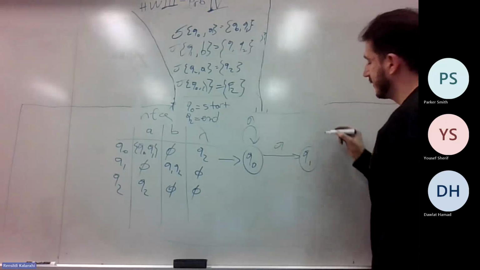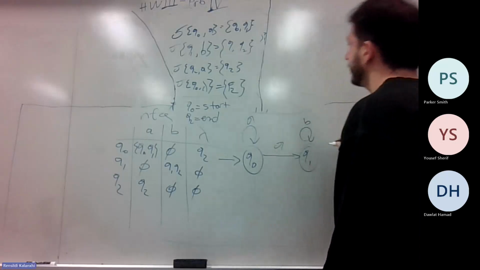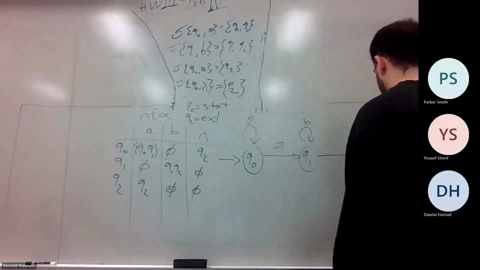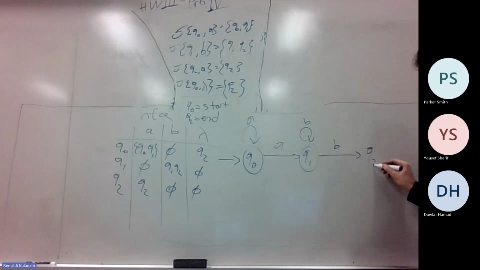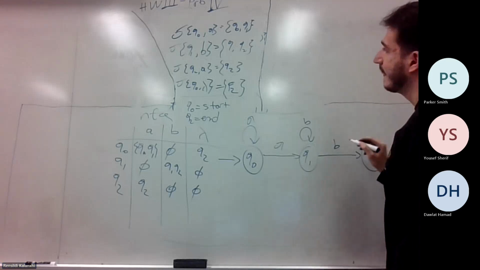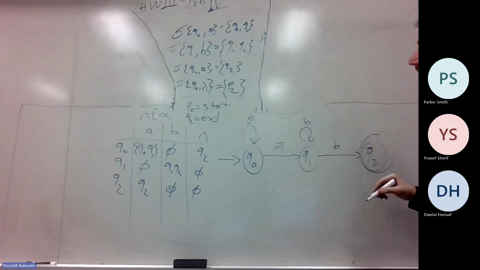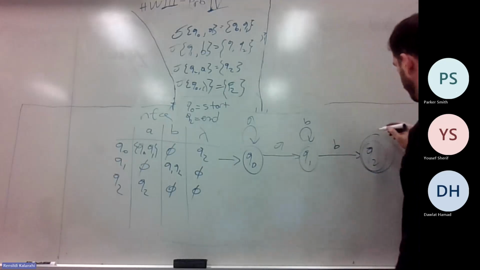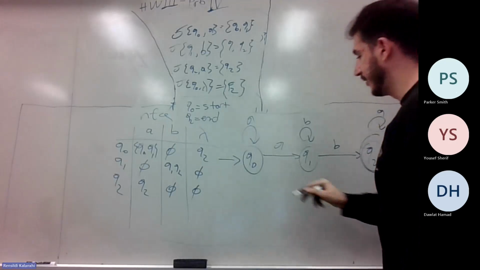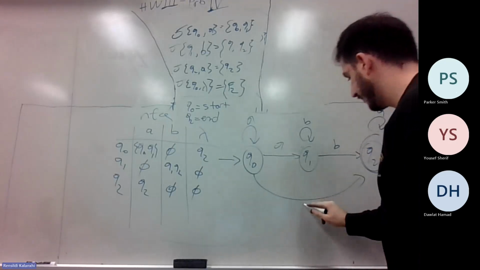Q1 on B transitions to itself and Q2, which makes it a final state. Q2 points A to itself, and Q0 is pointing lambda.